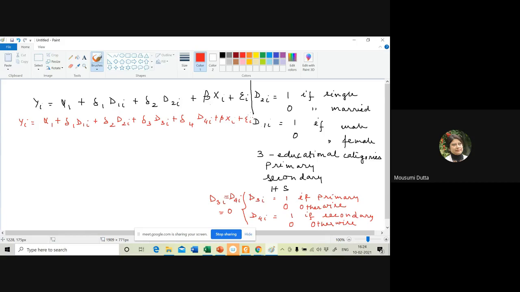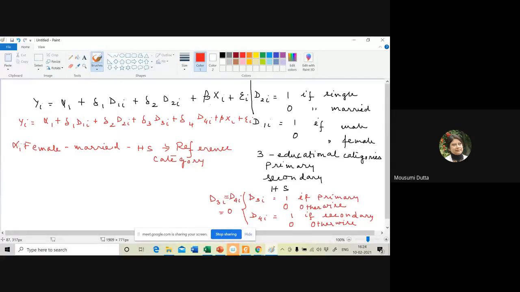Okay, so here basically married female HS is the reference category, for which the intercept is alpha 1. This is the reference category.